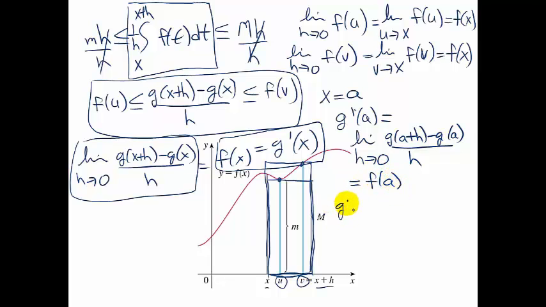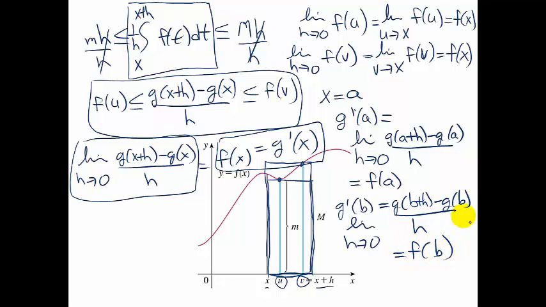And similarly, g prime of b equals the limit as h approaches 0 of g of b plus h minus g of b all over h, but we know that equals f of b. So we have the limit equaling the function values from a to b, because we could have any a and any b here, so we're looking at our closed interval from a to b. The function is then continuous from a to b.